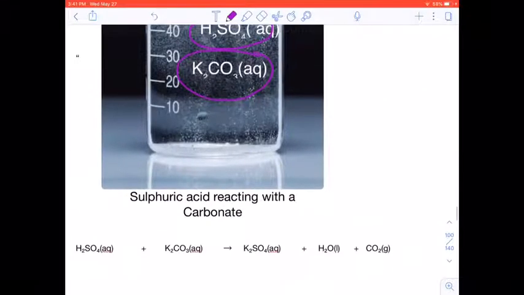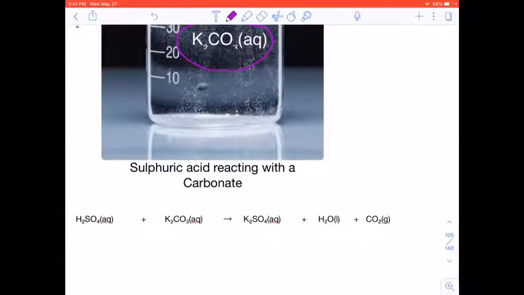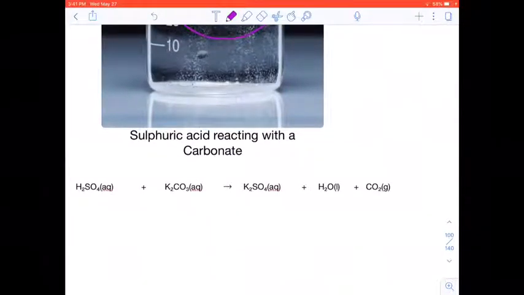And here we have the molecular equation for it, and if we look at this equation, is it balanced? Yes, it is balanced, right? So the equation is balanced.